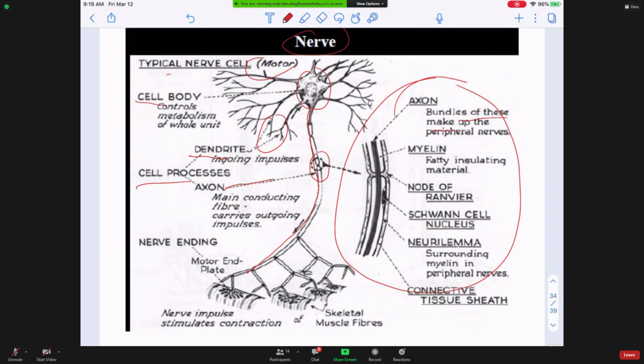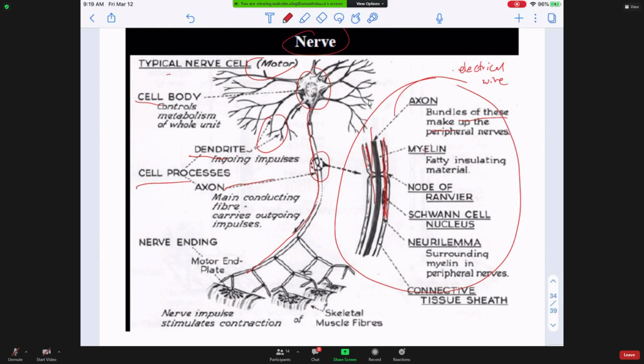So we have the myelin, the Schwann cell, and the axon inside. How is this? It's like an electrical wire, right? And the copper inside, that's the axon. And outside is the insulation layer.